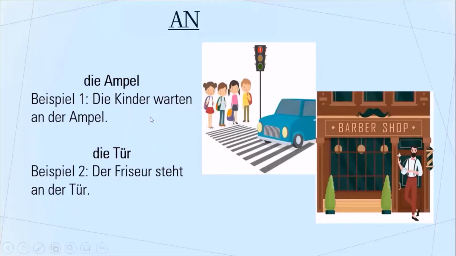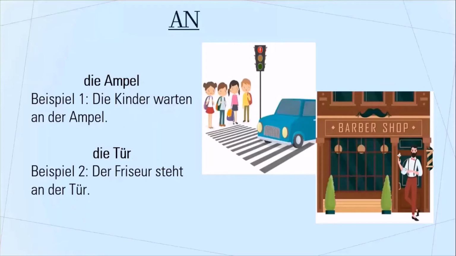So for example, Beispiel, die Kinder warten an der Ampel. Now because I'm using these prepositions to show first of all the dative case, die article changes to der. The children are waiting at the traffic light.